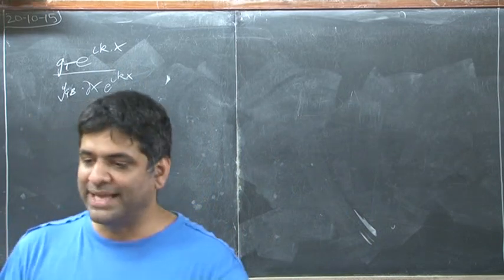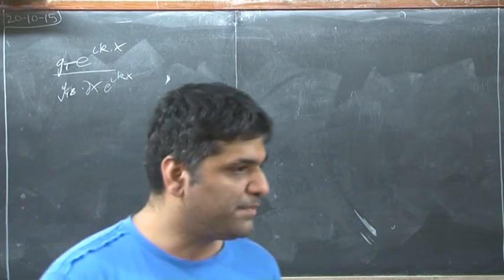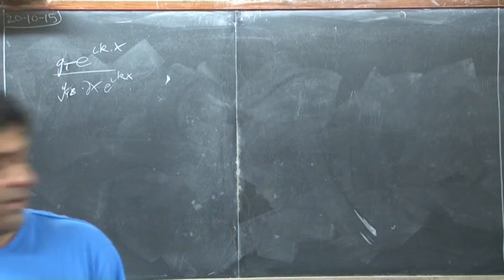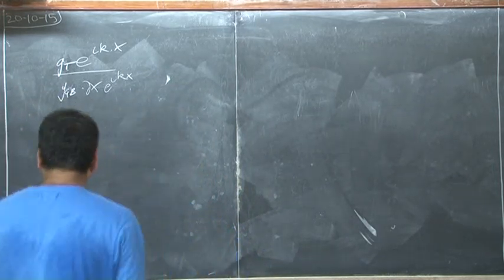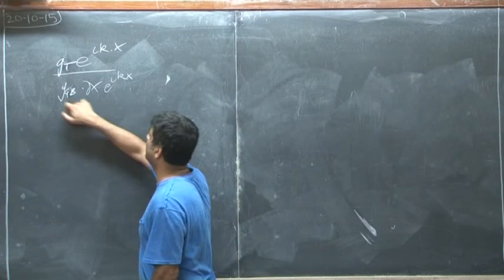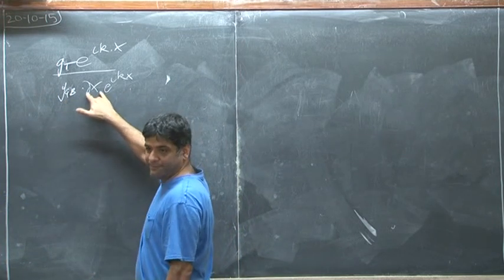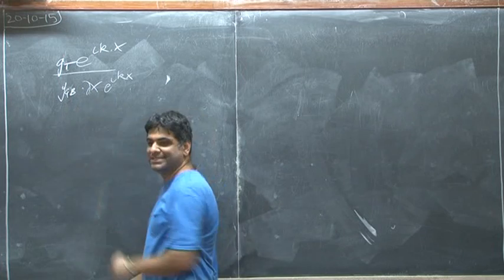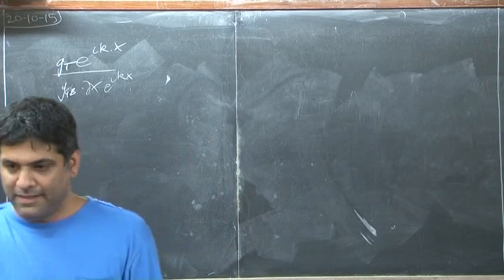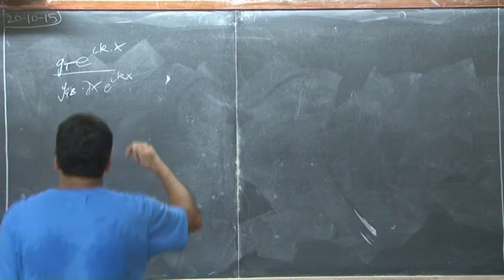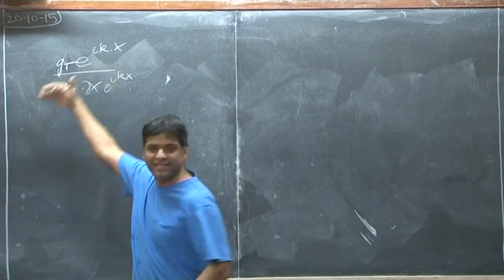If we choose to normalize e to the i k X so that it's the operator corresponding under the state operator map to a unit normalized state, and we normalize this one likewise, then that, as we will see later on, fixes the relative normalization.